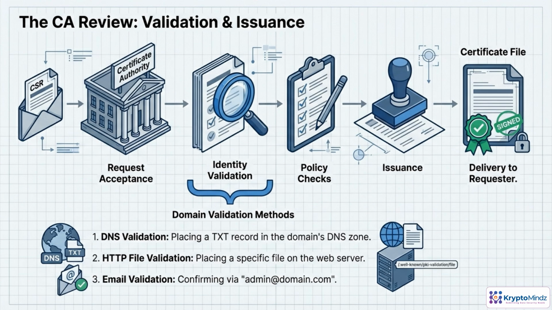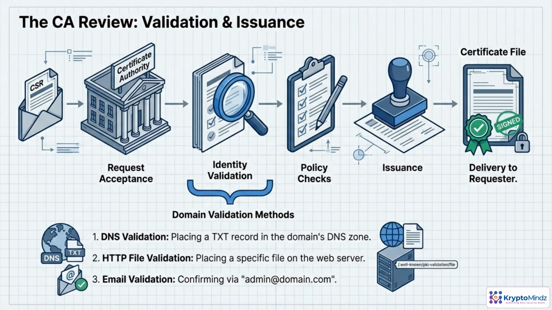For a typical domain certificate, the CA must verify that you actually control that domain. That can be proven in a few ways. By adding a special TXT record in DNS, by hosting a specific file at a known path on your web server, or by responding from an approved administrative email address. Each method shows that whoever sent the request controls the domain's infrastructure.